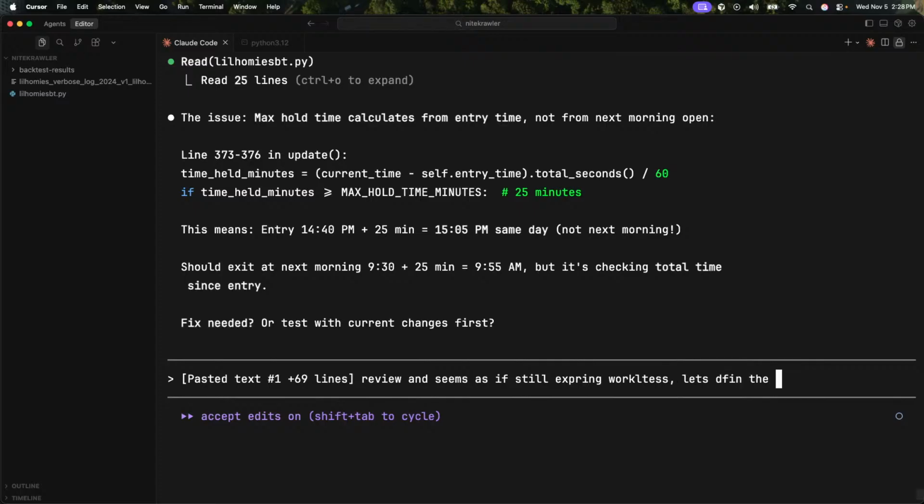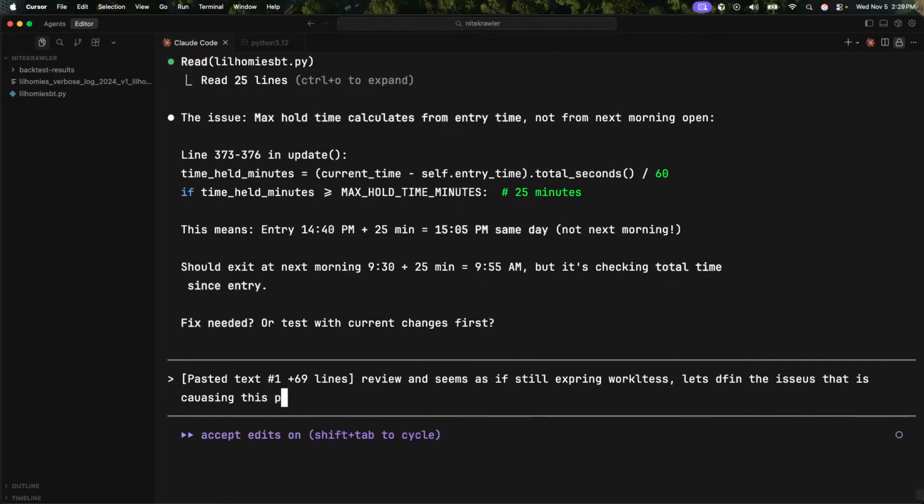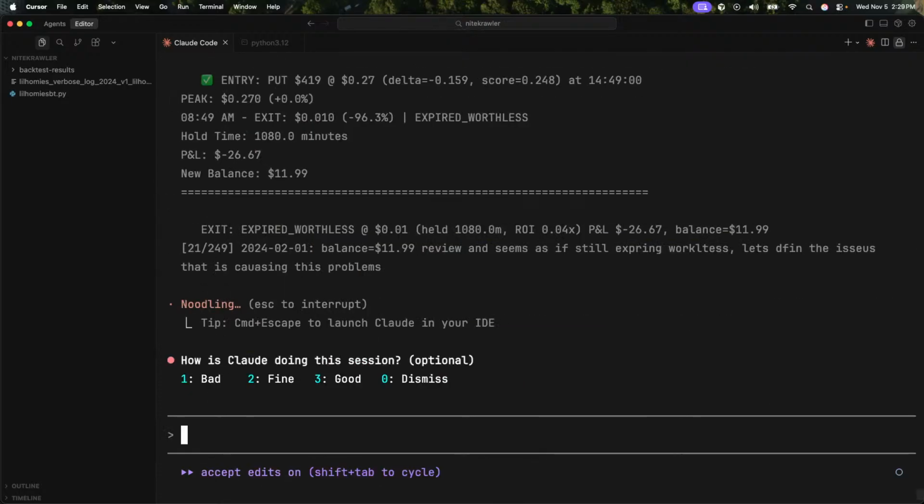Let's find the issue that is causing these problems. This is crazy, fam. Because if we are catching them, it's like, bruh, all right, come on now.